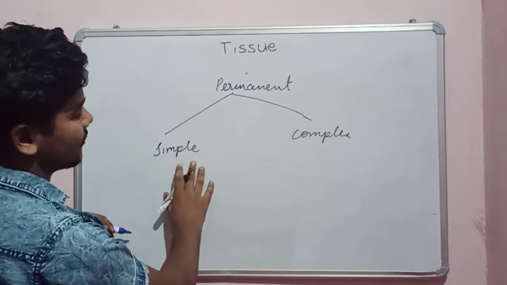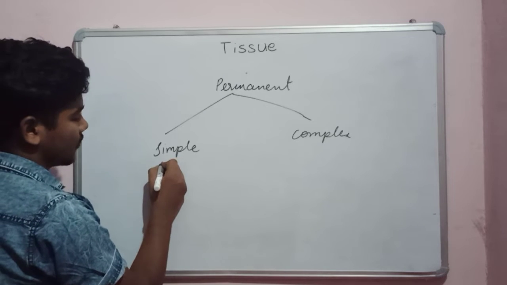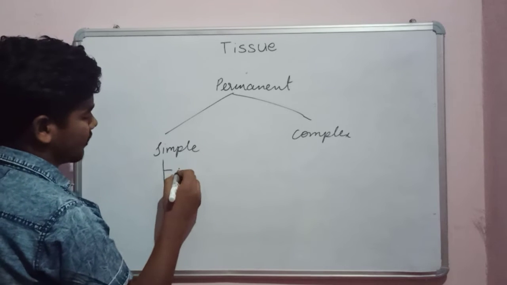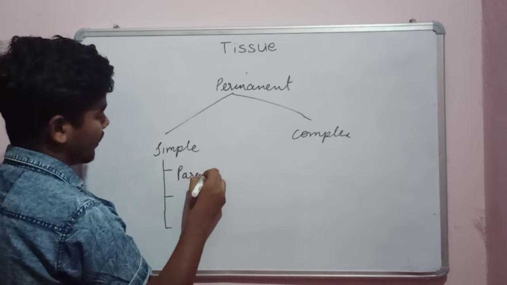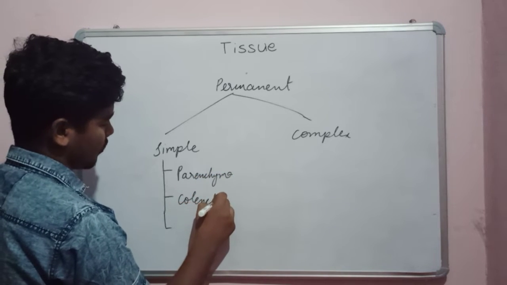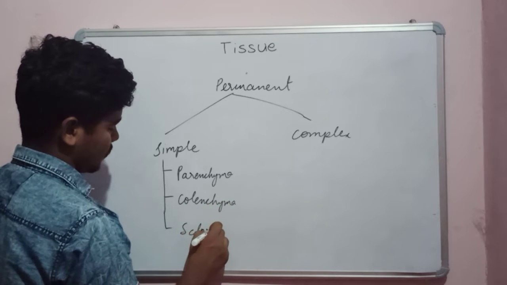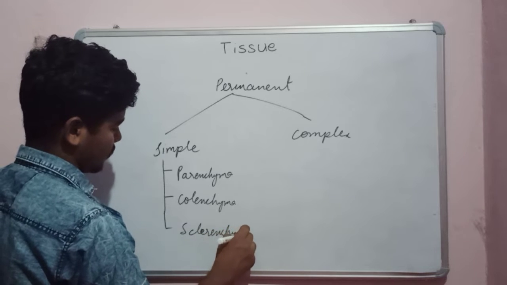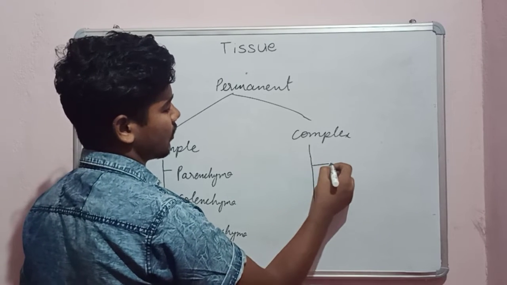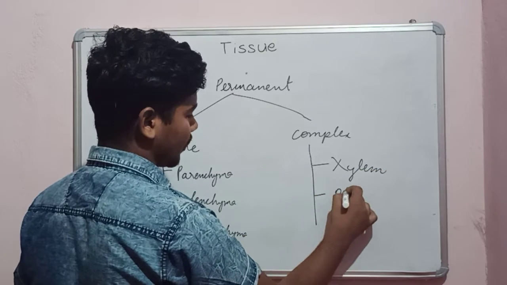Permanent tissue is of two types, that is simple and complex permanent tissue. Further on, simple permanent tissue is divided into three types, that is parenchyma, collenchyma, sclerenchyma, and complex is, that is well known, xylem and phloem.